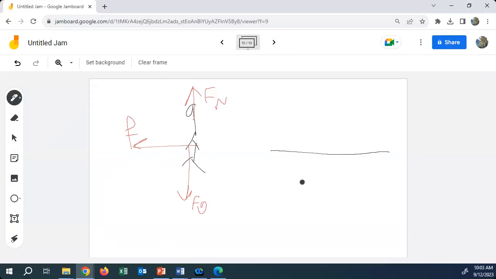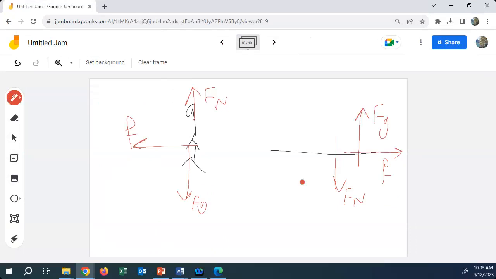What are the forces exerted on the ground? Force of gravity, yes, and then friction. But the motion of the person is what's important for me. These forces are important.